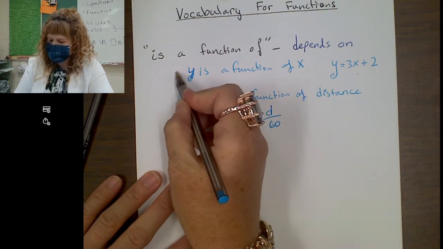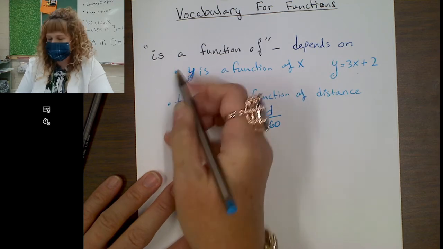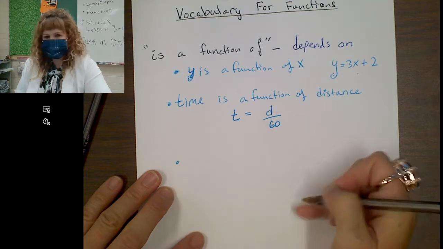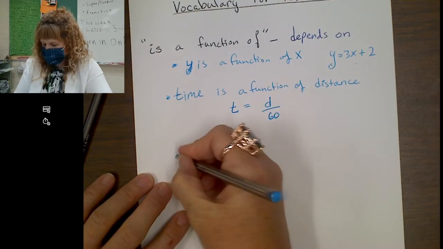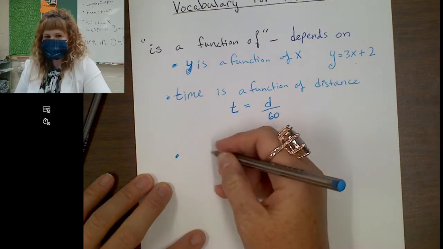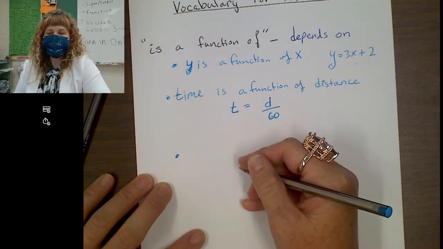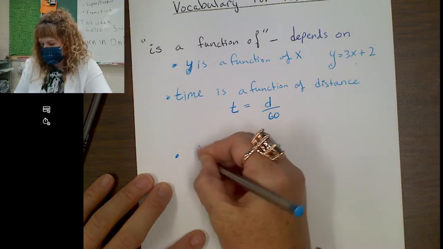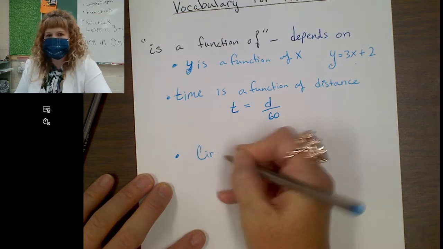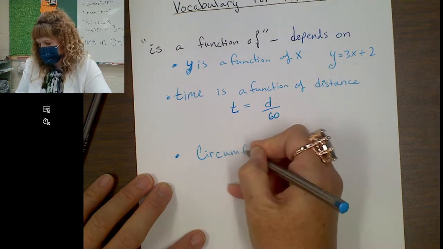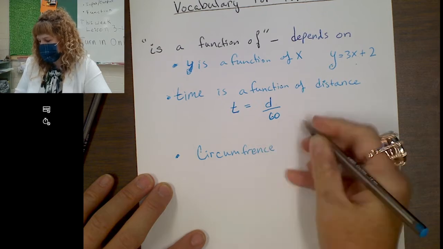And then I'm going to give you one more example. Let's say there's a circle and you want to calculate the circumference of different size circles. Then you'll say circumference is a function of circle diameter. I'll write that down.